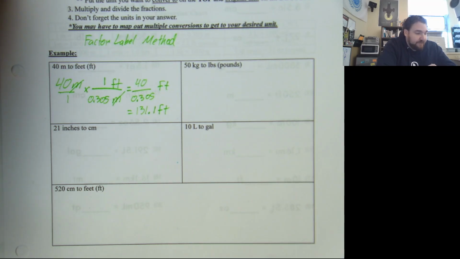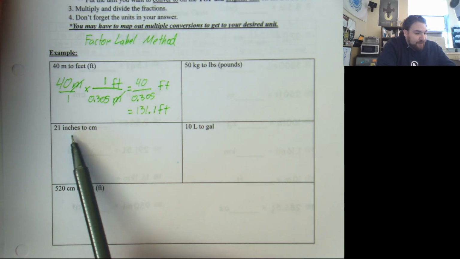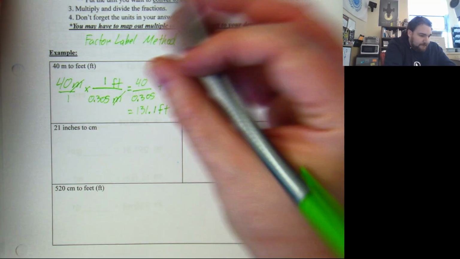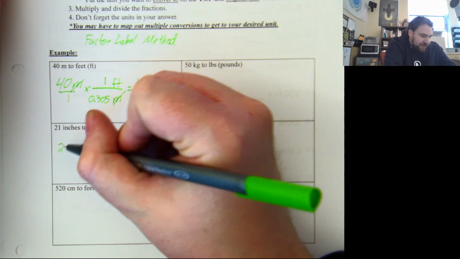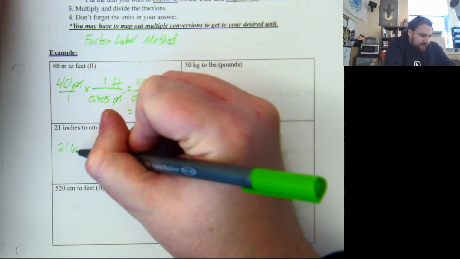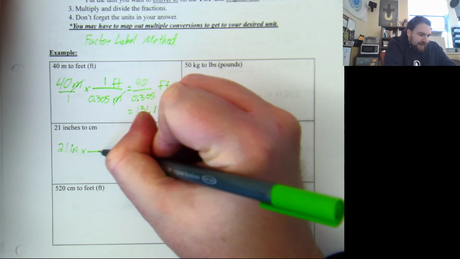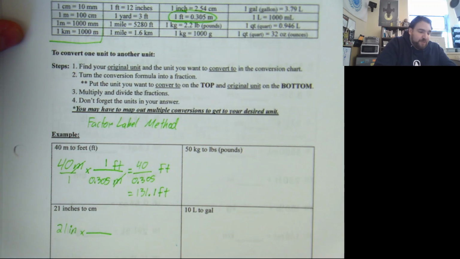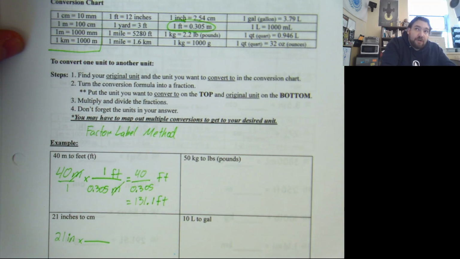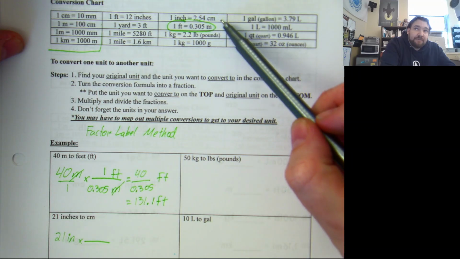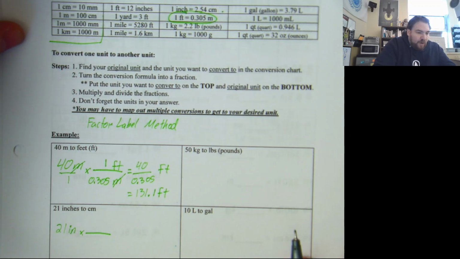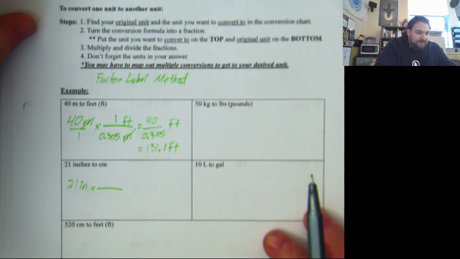Let's take a look at the next one. I've got 21 inches and I want to put that into centimeters. So we're going to start with what we've been given. We're going to multiply it and we're going to see, do we have a conversion that'll take us back and forth between inches and centimeters? We do, it's right there. Scarlett found it. 1 inch is 2.54 centimeters.